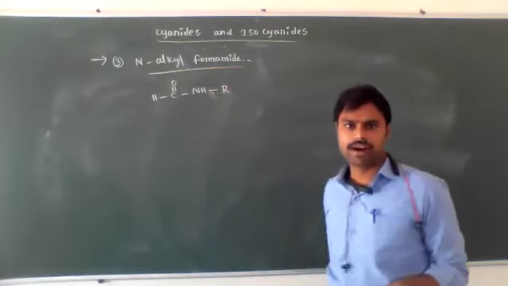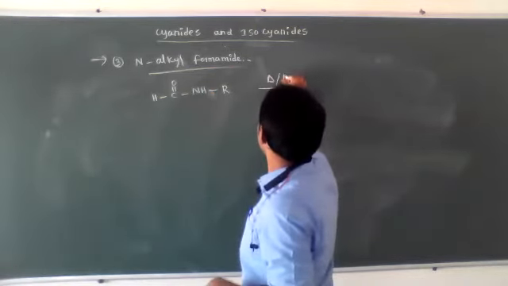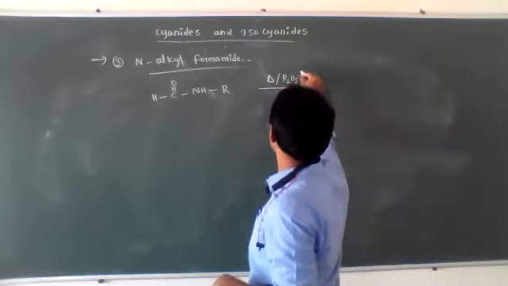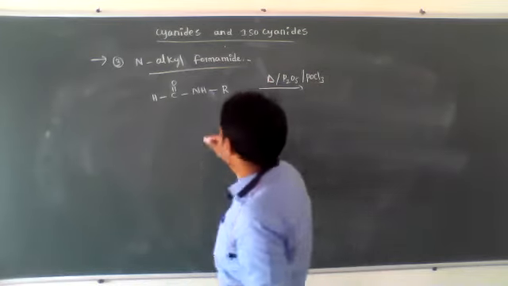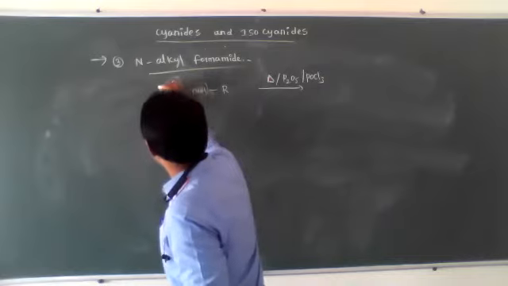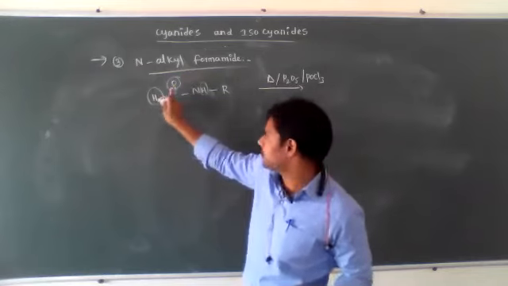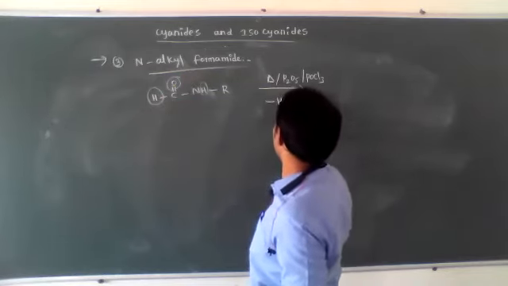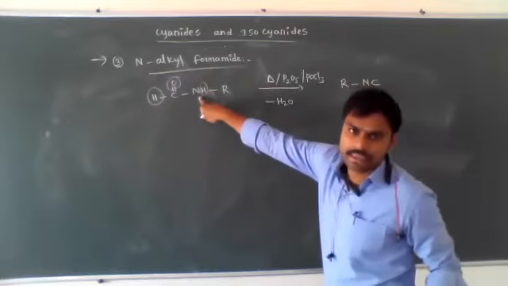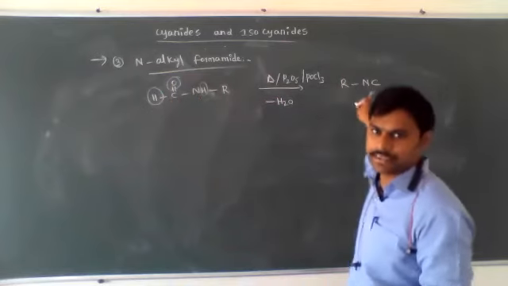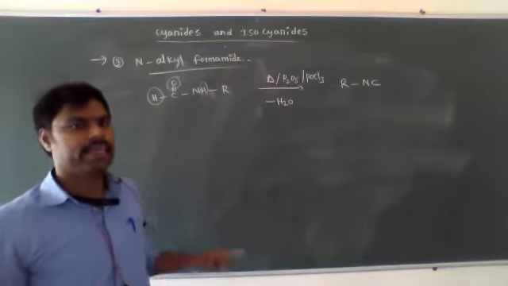This N-alkyl formamide, upon strong heating in the presence of dehydrating agents P2O5 or POCl3, loses a water molecule and is converted into R-NC. The alkyl group is bonded with nitrogen and the carbon becomes terminal. R-NC means isocyanides. So from N-alkyl formamides on heating we get isocyanides.